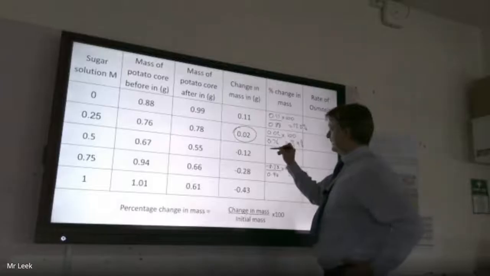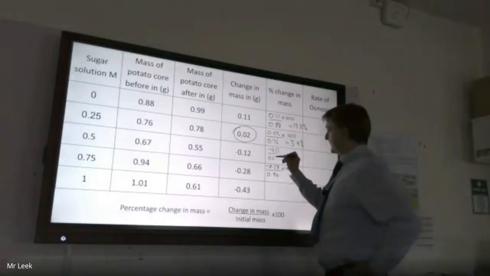Minus 0.12 divided by 0.67 times by 100, which equals 17.91045.